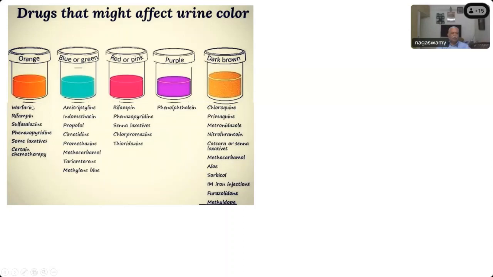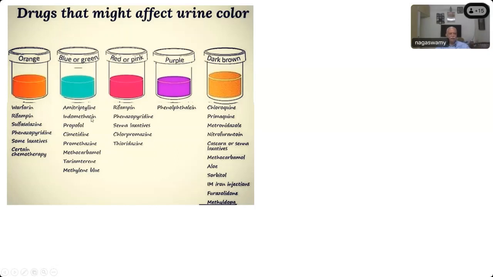For orange, warfarin can do that, rifampicin can do that, sulfasalazine can do that, phenazopyridine can do that, some laxatives and certain chemotherapeutic drugs can also do that. Blue-green color can be caused by amitriptyline. What is amitriptyline? An antidepressant. A tricyclic antidepressant. What is the mechanism by which they act? It inhibits serotonin reuptake.